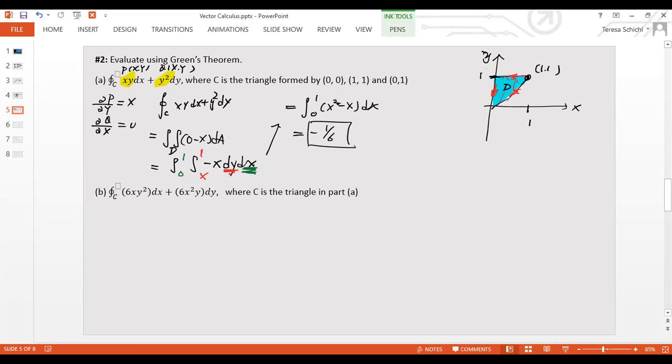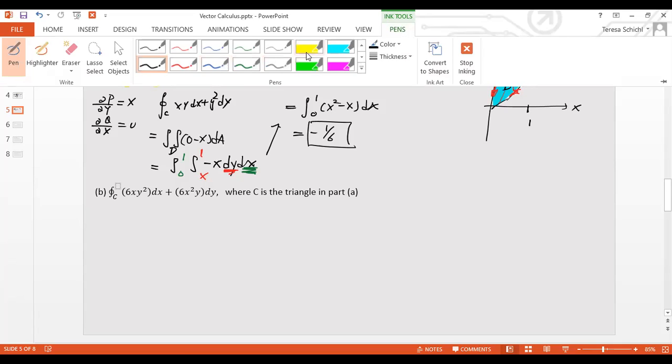Now let's take a look at the second example, the same way.